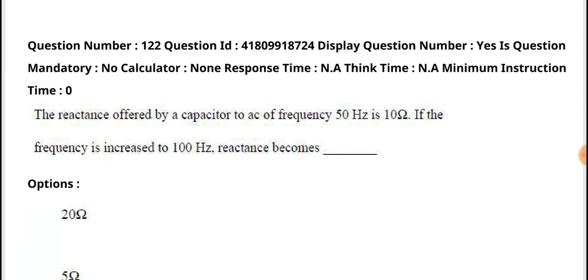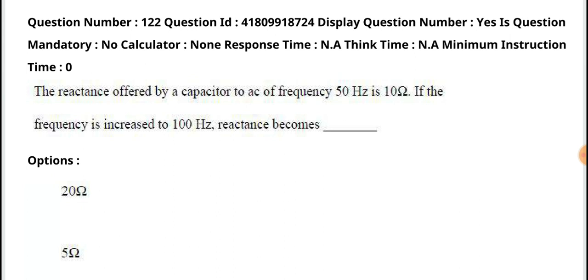Next one, observe the question here. The reactance offered by a capacitor to AC frequency 50 hertz is 10 ohms. If the frequency is 100 hertz, then the reactance will be? First case XC1 is proportional to 1 by F1 and XC2 is proportional to 1 by F2.